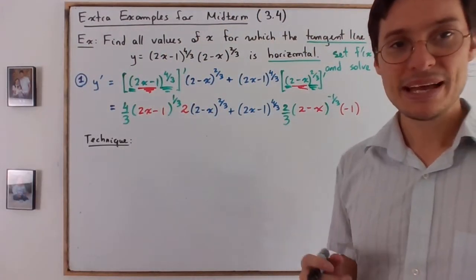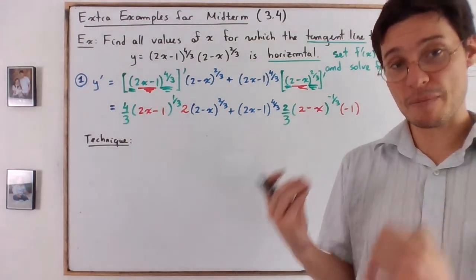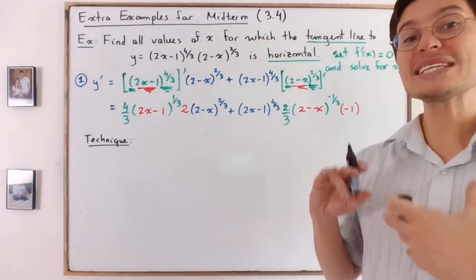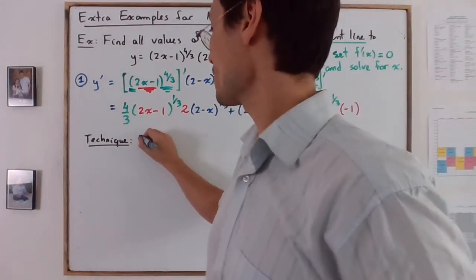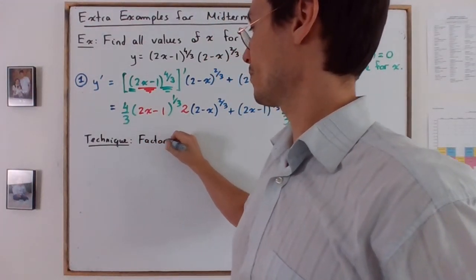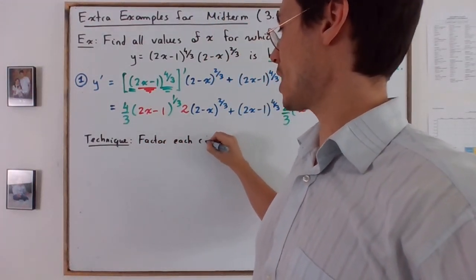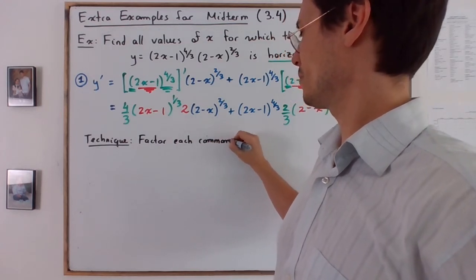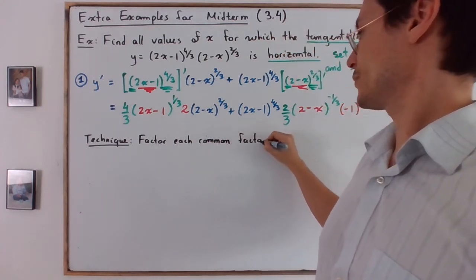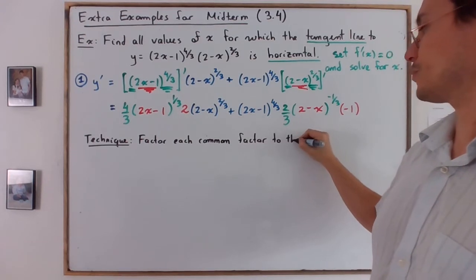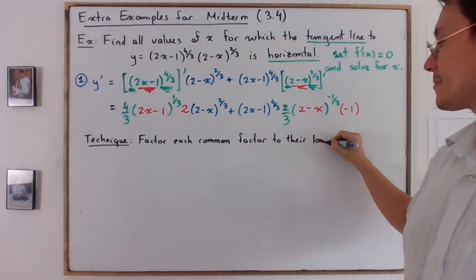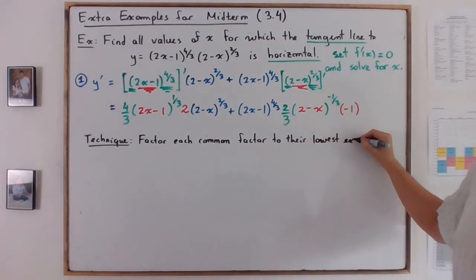What you're going to do is factor each common factor to their lowest exponent.